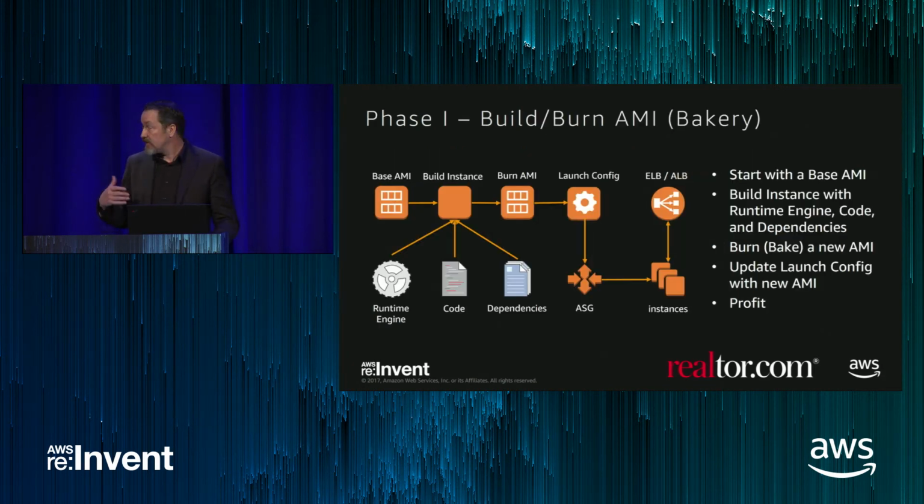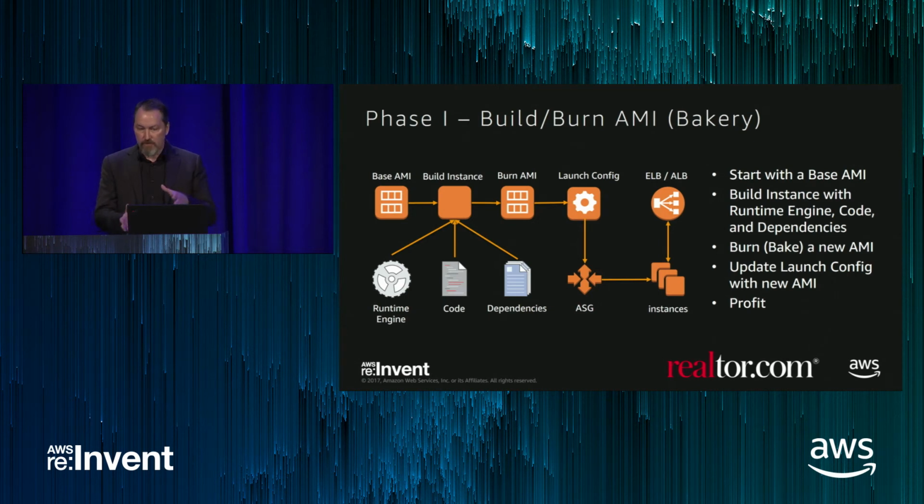Now, our initial deployments into the cloud did not use containers at all. We used a build-burn, also called a bakery model, where you essentially start with a base AMI that can be either provided by Amazon or by an operational team. You build an instance out with your runtime, your code, your dependencies, maybe some of your configuration as well.